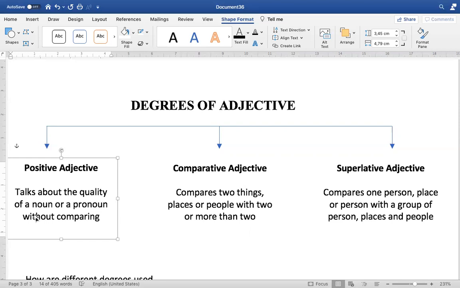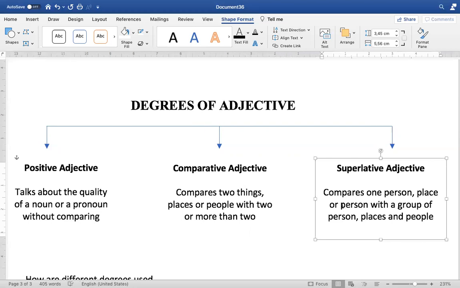In the 3rd degree of adjective, what do we basically do? We compare one person, one place, or one thing with a group of people, places, or things.